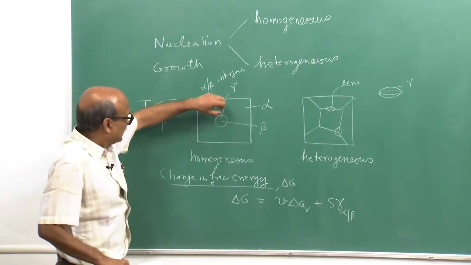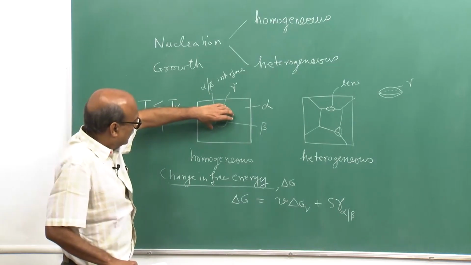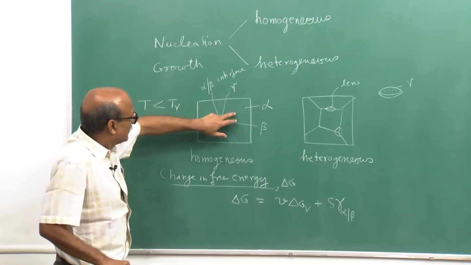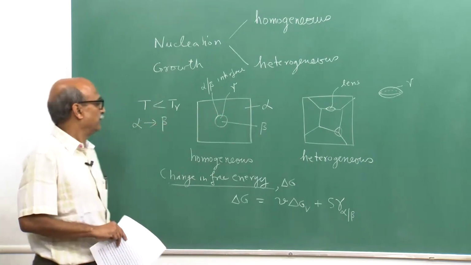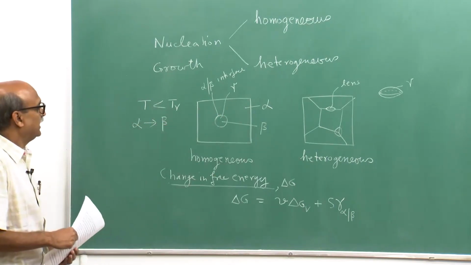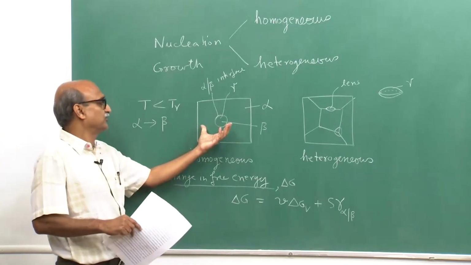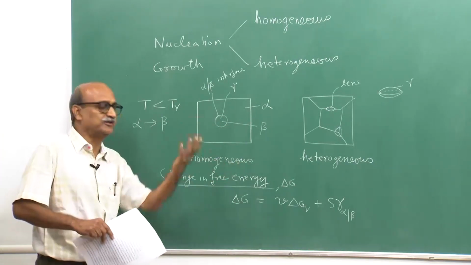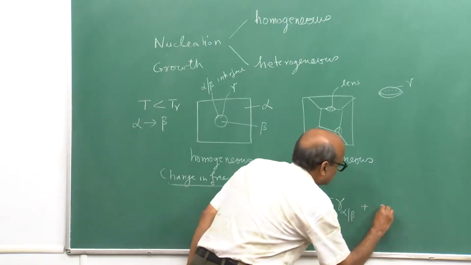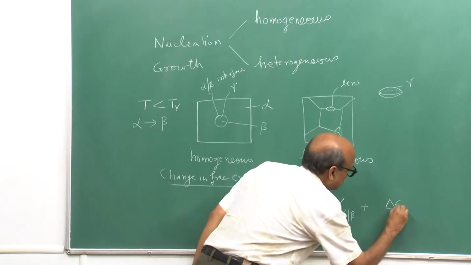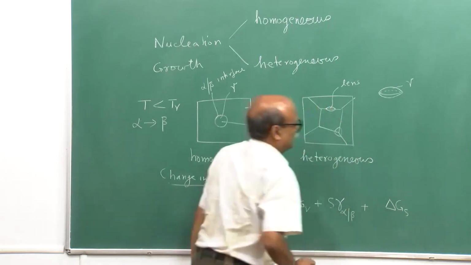As a result, there would be an expansion producing a deformation in the surrounding alpha matrix, and that would resist the change. So, this would produce another change in free energy which would also be positive, and we would call that delta G sub S.